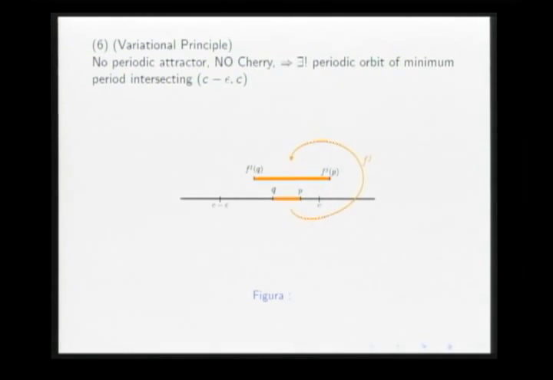So this is a fun principle: if you take any side neighborhood of the critical point, and you do not have any periodic attractor, it's not cherry, then there will be an orbit that minimizes the period inside this side neighborhood.